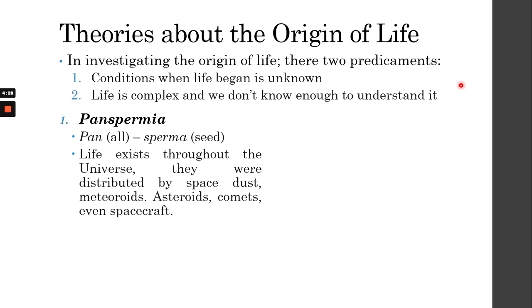And this life entered the Earth's atmosphere via space dust, meteoroids, asteroids, comets, and even when we travel in space with our spacecraft, we sometimes take some of these life forms existing in the universe and bring them back home.